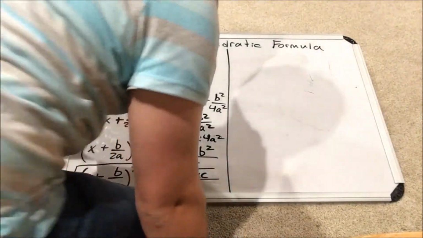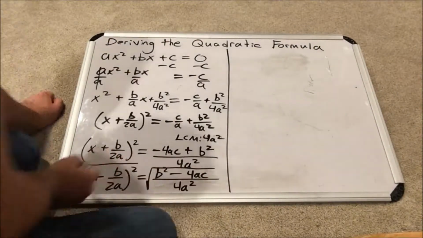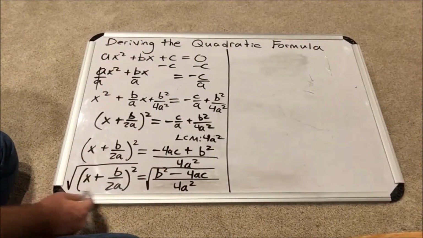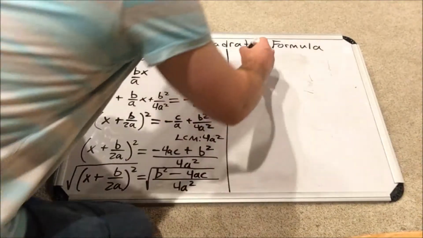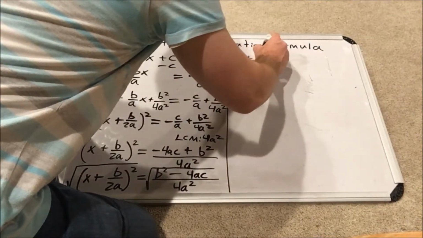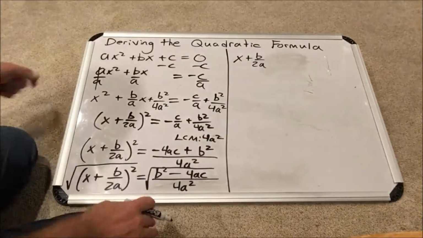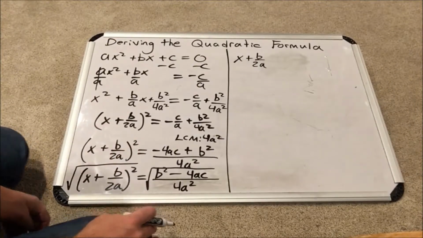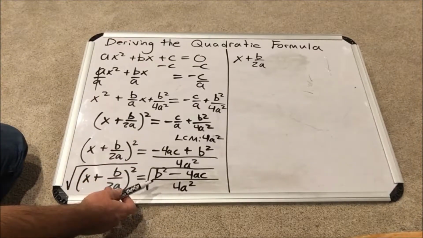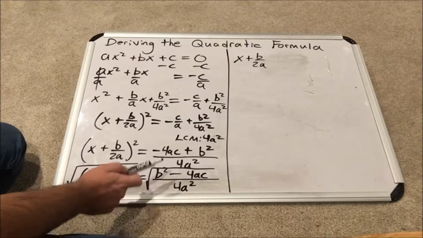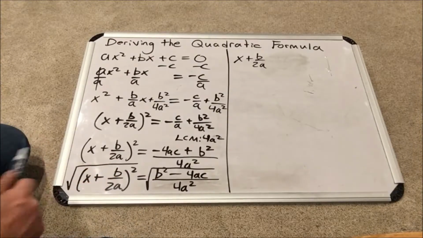And so I'm going to move to this column over here. When I square root this thing that is squared, all I get is the thing inside: x plus b over 2a. On the other side, I can split this square root into 2 square roots, one of the top and the square root of the bottom.